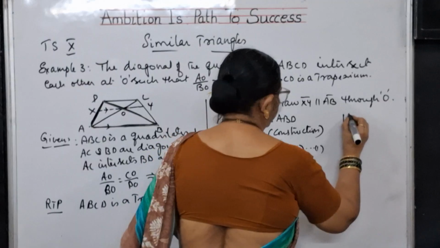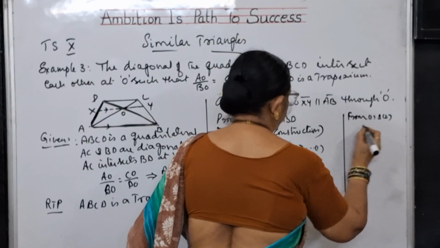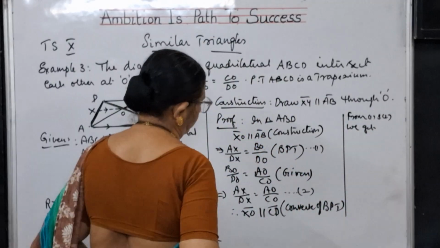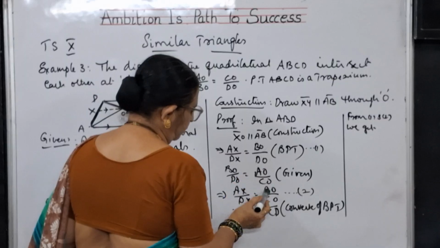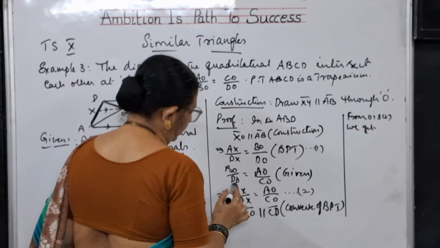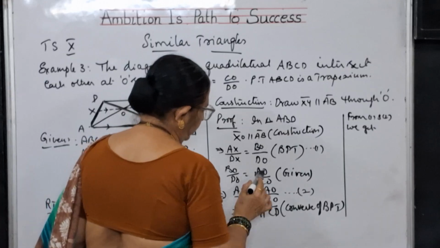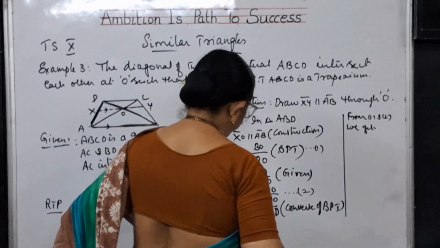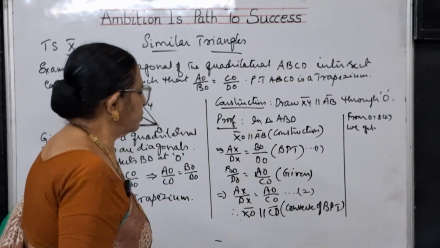From 1 and 2, what do we get? AX by DX is equal to BO by DO and AX by DX is equal to AO by CO. So XY is parallel to CD.